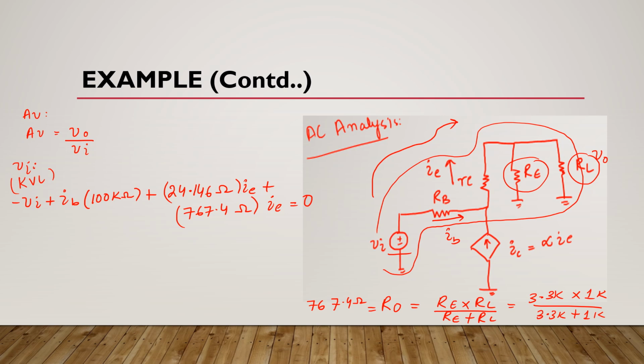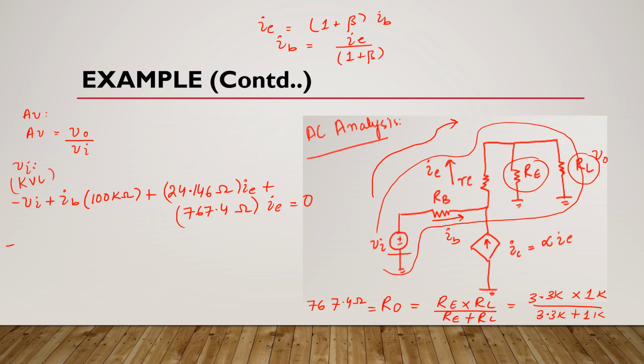Okay. Now we know that IB and IE are related. How do we know? IE is equal to 1 plus beta times IB. It means IB is equal to IE divided by 1 plus beta. Now we put this value of IB here.